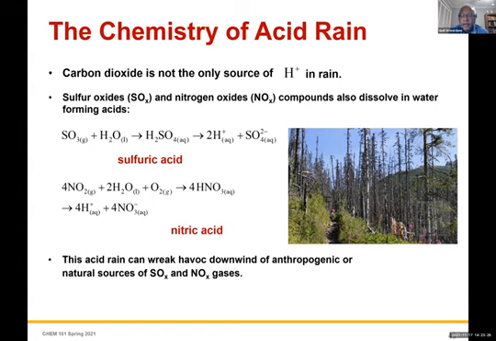So there are natural sources also. Volcanic action also produces sulfur dioxide. That's why it's called a natural source. Anthropogenic is man-made, like burning coal, which contains a high amount of sulfur and causes more acid rain.